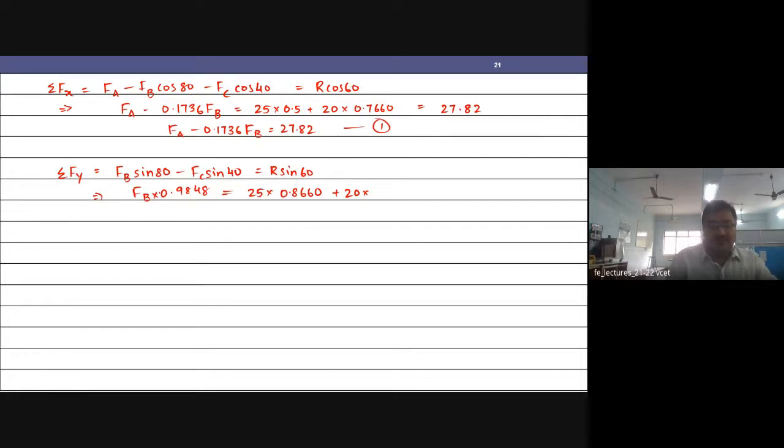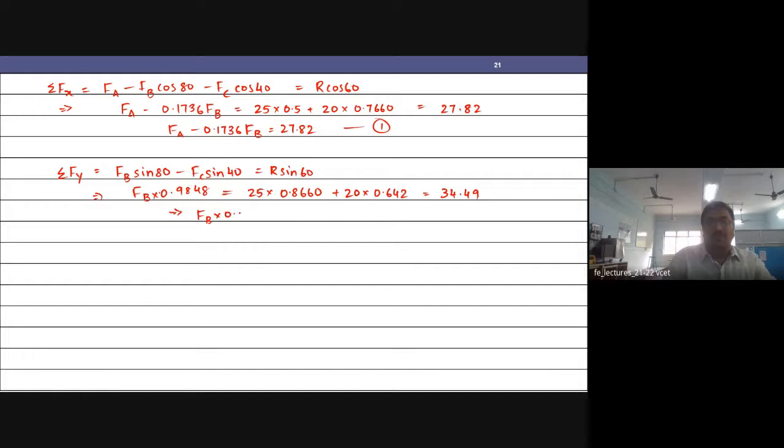Now I have to add the value of sine 40, 0.642, which is equal to 34.49.